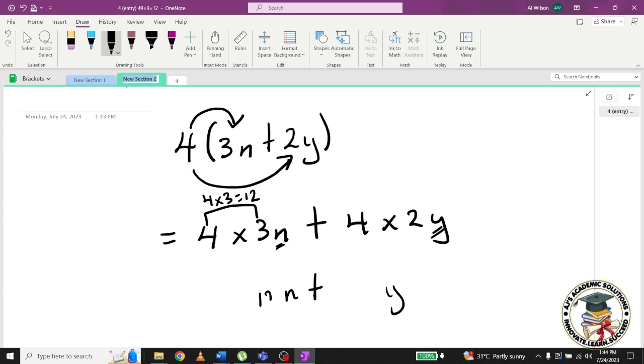So this is 12n, and then 4 times 2 is equal to 8. So this is 8y. Therefore, when we expand 4(3n + 2y), our answer is 12n plus 8y.